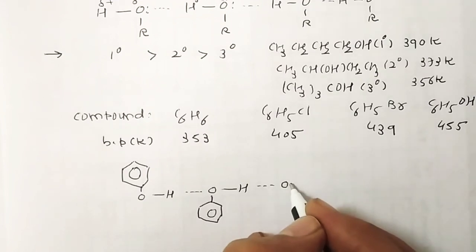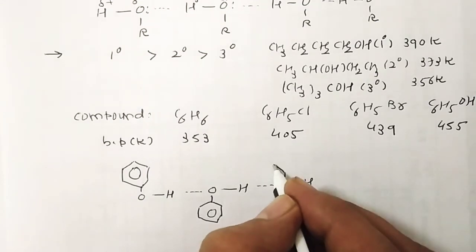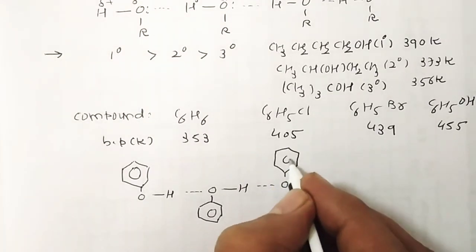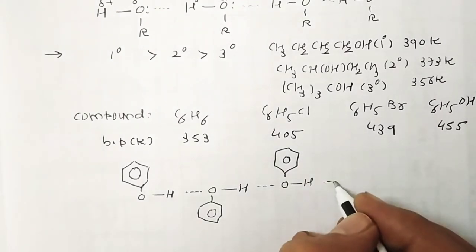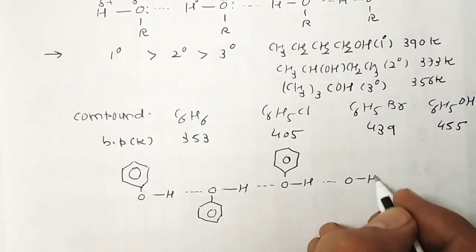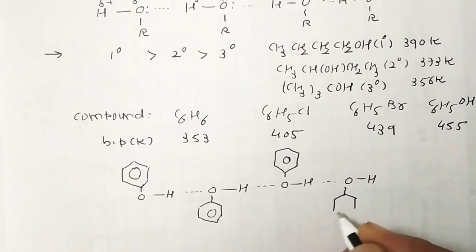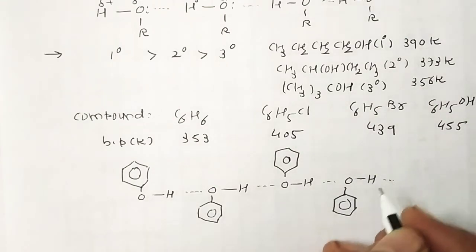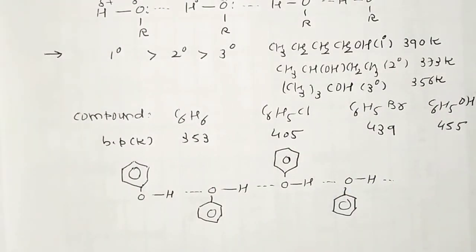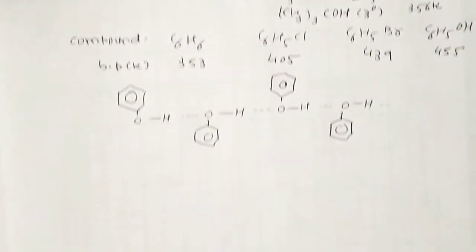Same way, OH. Same way, OH. So thus phenols, like alcohols, exist as associated molecules. So more energy is required to break this type of hydrogen bond. So this is all about the boiling points.